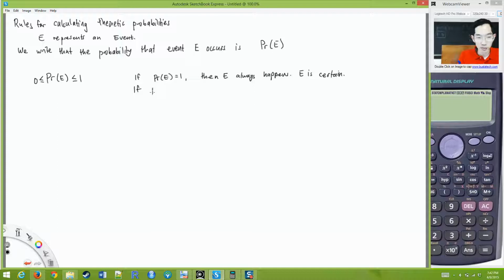And if probability of E is equal to 0, then E never happens, or E is impossible. All right. We have the complement. The complement of E is when E does not happen.